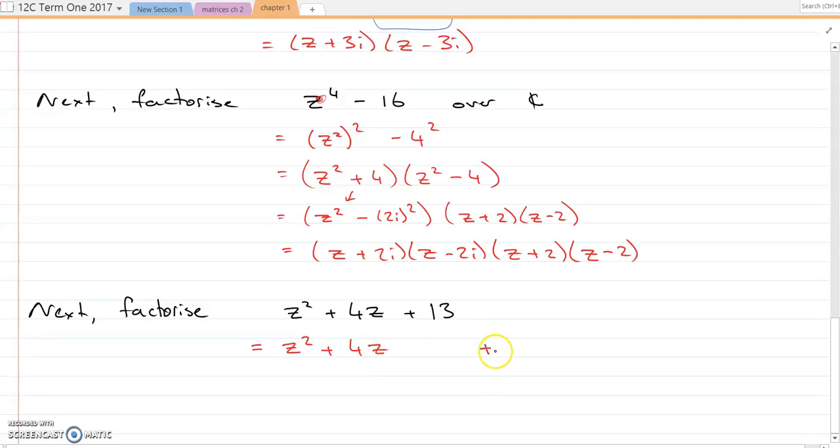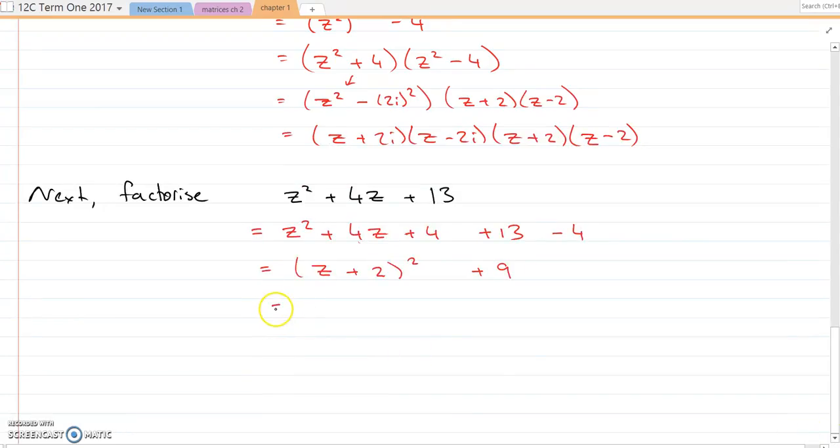I'll move this 13 over here, so we have to take half of this 4, which is 2, square it, which is 4, and add that here. And then we minus it over here. So this becomes z plus 2, half of that 4 was 2, squared for this part here, and the second part I've got plus 13 minus 4, so that's plus 9.